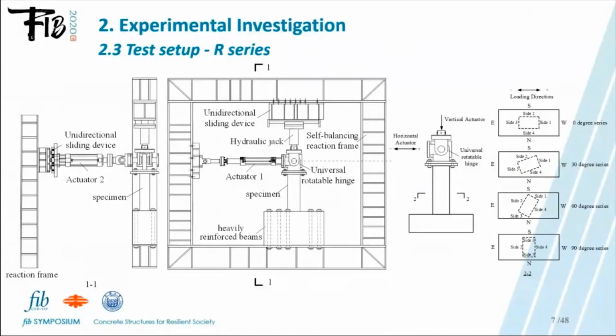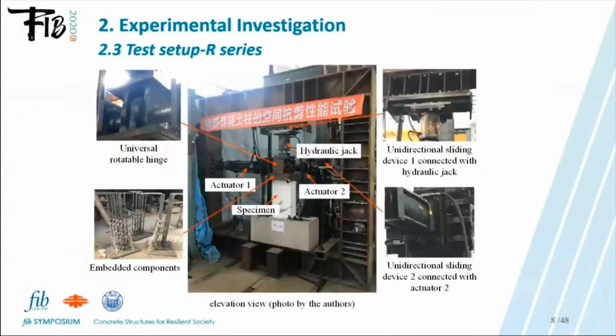The rectangular specimens were loaded with a testing setup composed of a universal rotatable hinge and 2 sliding devices. 2 servo-controlled hydraulic actuators were used for the cyclic bidirectional lateral loadings, and one hydraulic jack to apply the axial forces. These figures show the real loading system for the R series.